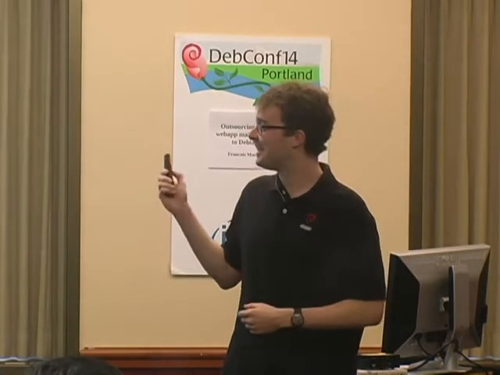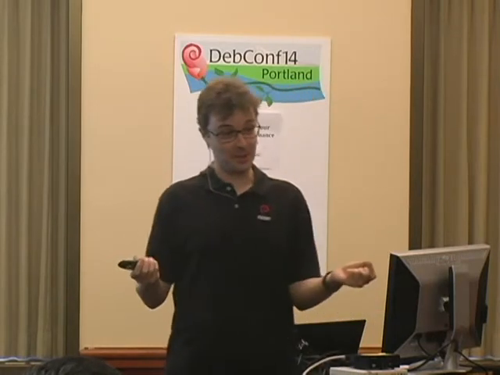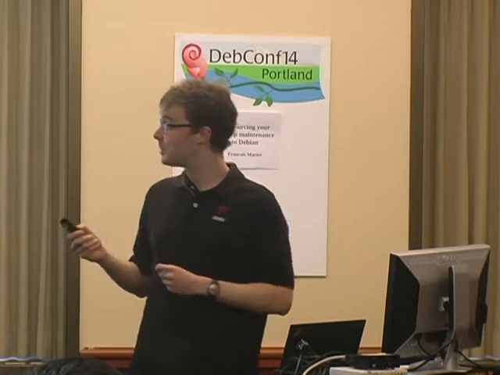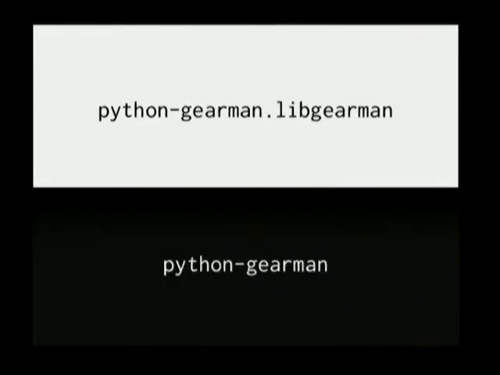Okay, so how did it go? Because it's coming very soon. How did it go? Well, it turns out that because of my first role, I'm kind of limited by the choice of libraries that I can use. For example, when I started this, I was running on Squeeze, and I chose Gearman as a queuing system, and I needed a Python library to interface with it. Now, the really nice one is the one at the bottom.